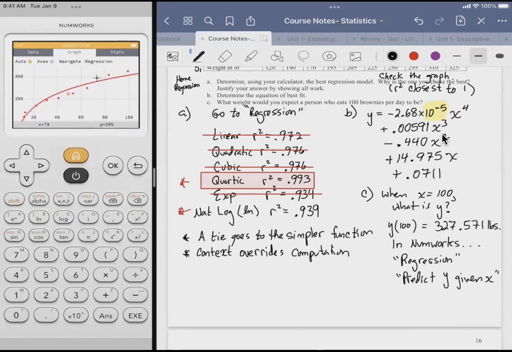And then you can navigate from there. But if I wanted to do just a prediction with the natural logarithmic, same deal. You go down to predict Y given X, type in what we think, 100 in this case, and it'll tell us what it thinks the value is. Of course, I must have hit something weird.